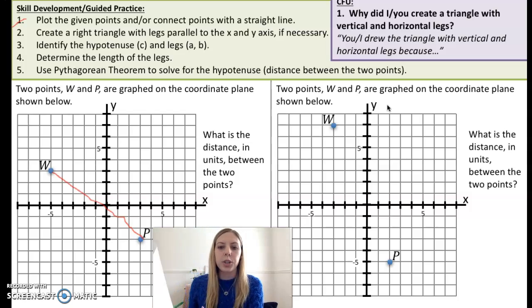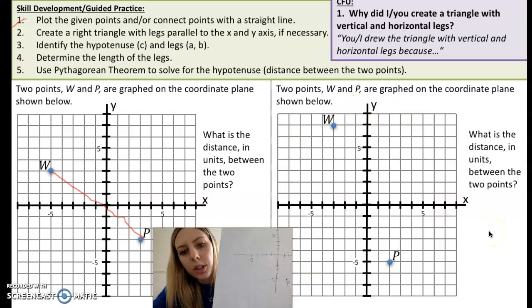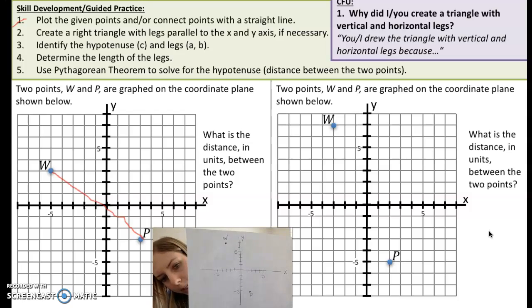So right now on your paper, you should have this graph right here, W and P on the right side. So I made it like yours on just a blank piece of paper, and I wrote down where W and P is located. I'm going to wait for about 5 seconds for you to make sure you have this on your paper, and then we're going to move on.